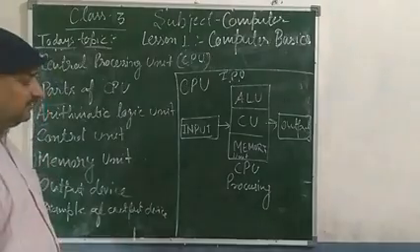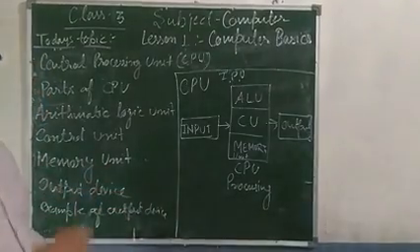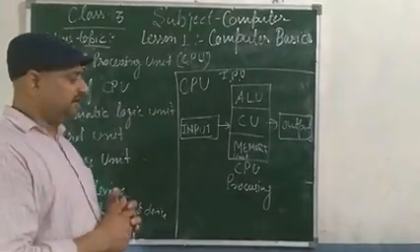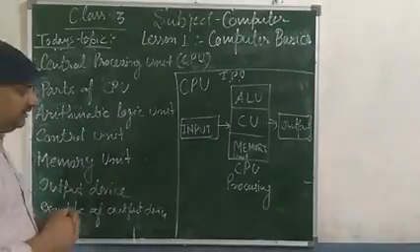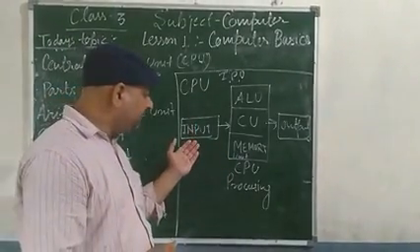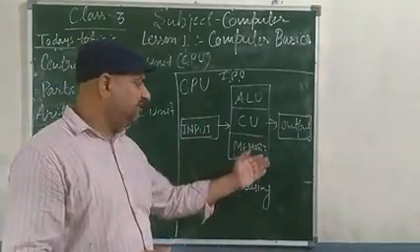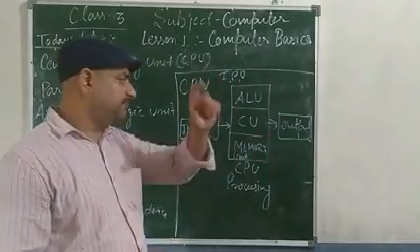So we know that the CPU controls the overall functioning of the computer. It receives data from the input device, then processes it, then generates the output and displays it on the screen.